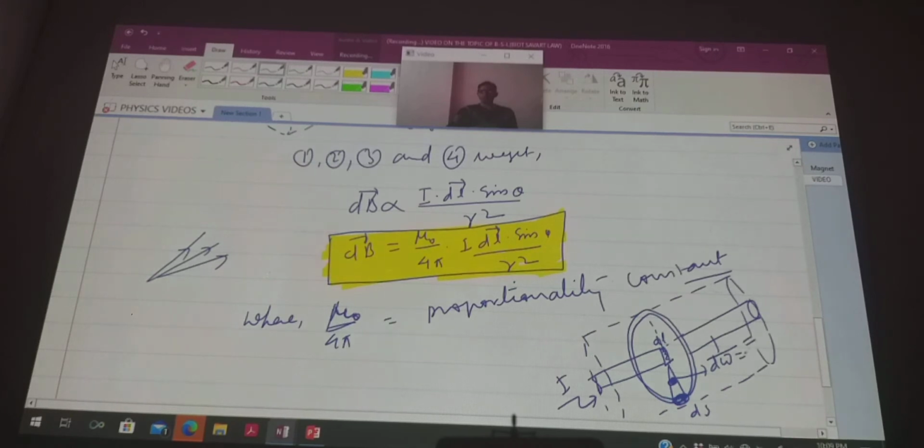So we can calculate that this is d omega, that is the elementary unit area. The solid angle will be 1 upon 4 pi.